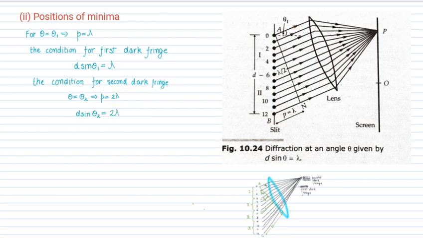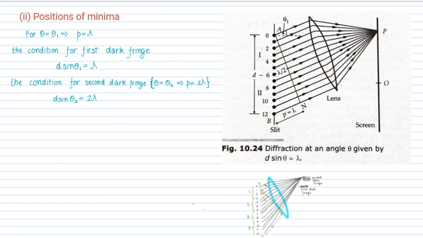So the condition for your second dark fringe will be the path difference d sine theta 2 equals 2 lambda. Fine. So similarly, you can assume for another angle, that is for theta 3, the path difference will be how much? 3 lambda. For theta 4, what will be the path difference? 4 lambda. Theta 5, path difference 5 lambda, and so on.